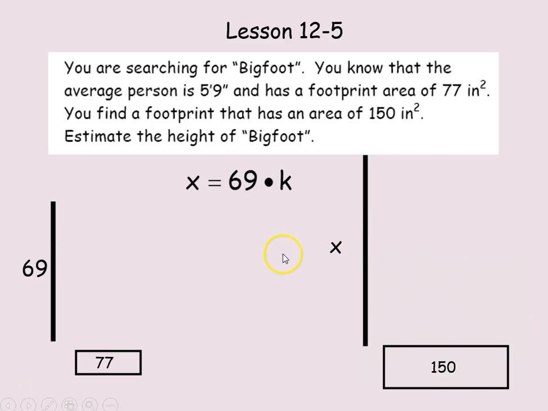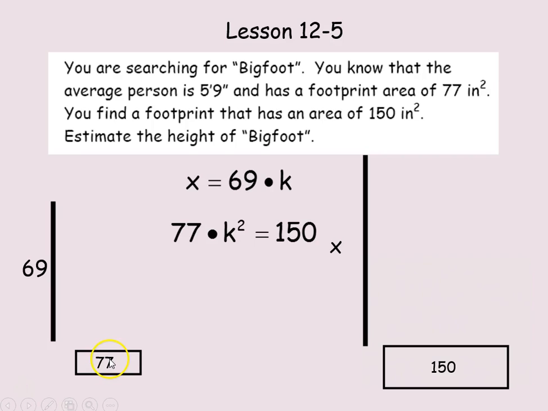We don't know what k is, but we can find out what k is based on the footprint area. But the footprints are measured in areas, so we need to make note that these two things are not related by a scale factor of k. They're related by the scale factor of k squared because they are areas.